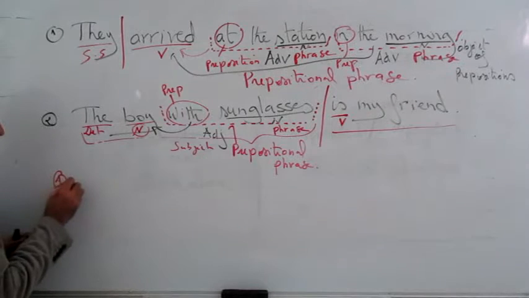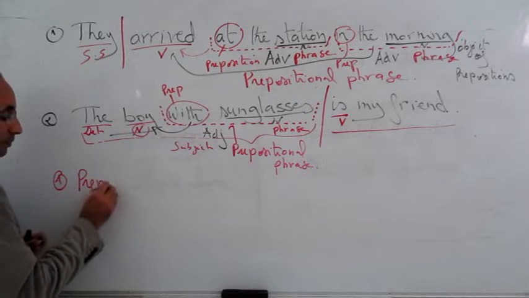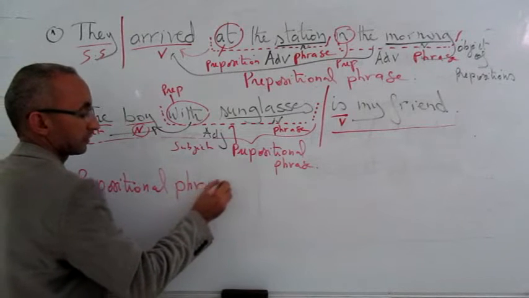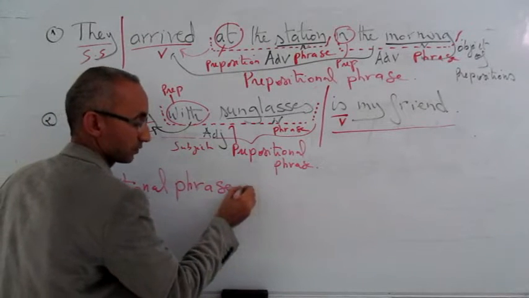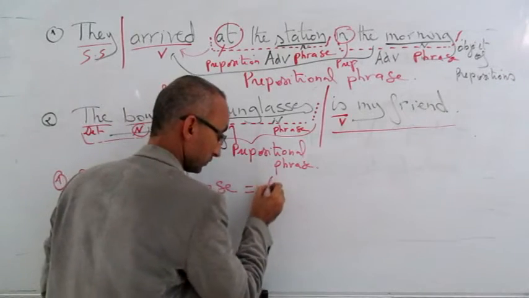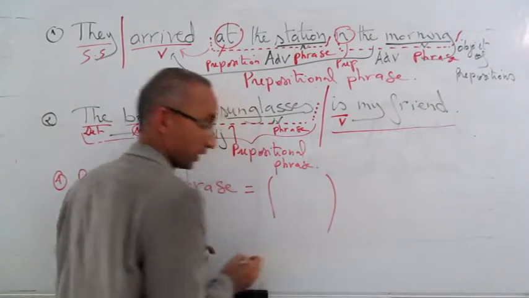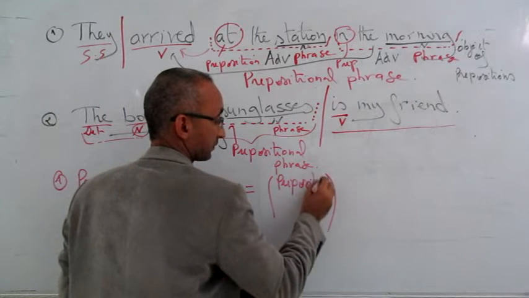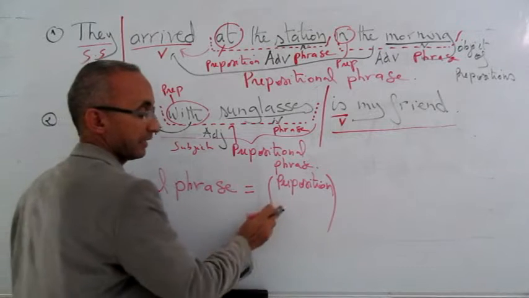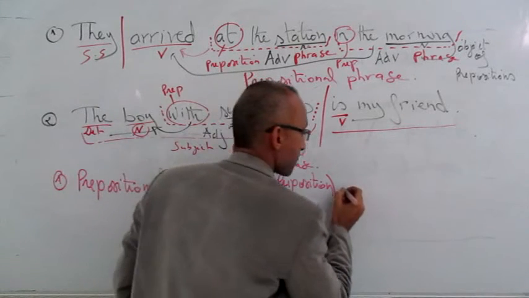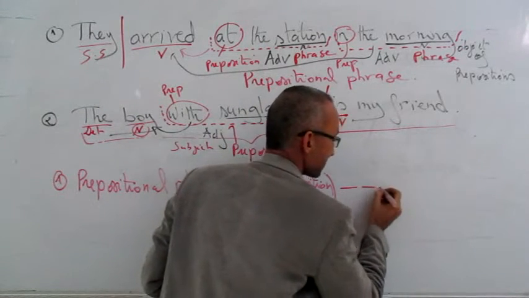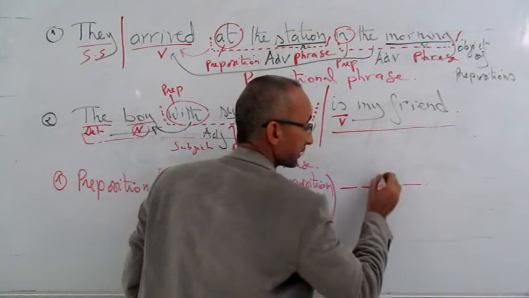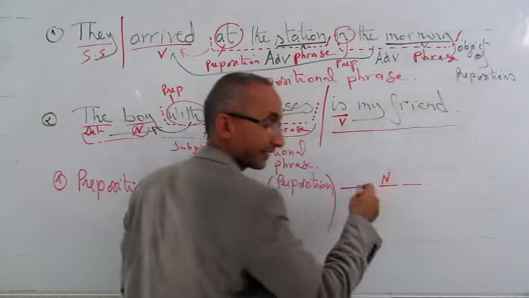Alright, so right now the structure of this phrase. Number one, first type is the prepositional phrase. Equals what? A group of words which starts with a preposition, in, at, and so on, and related to other words. After it usually we find a noun in this group.